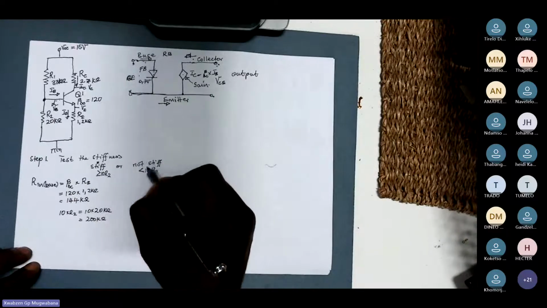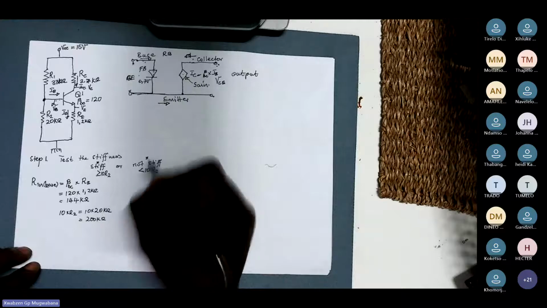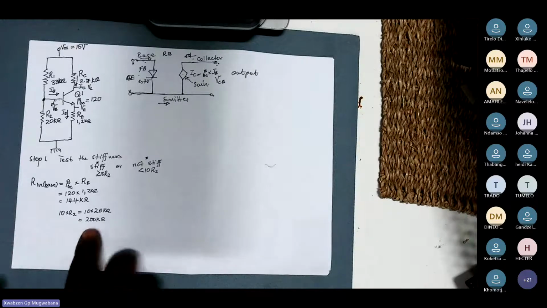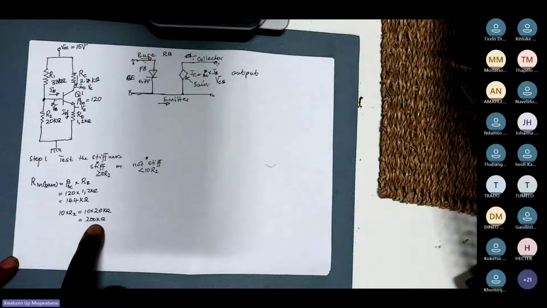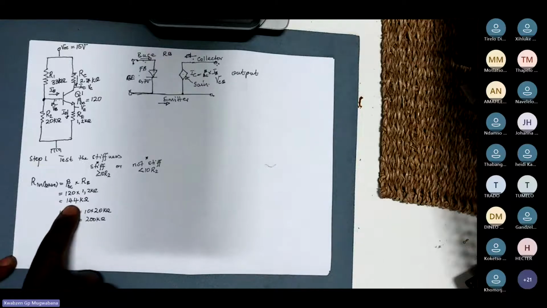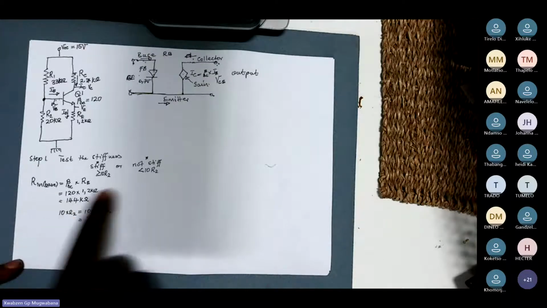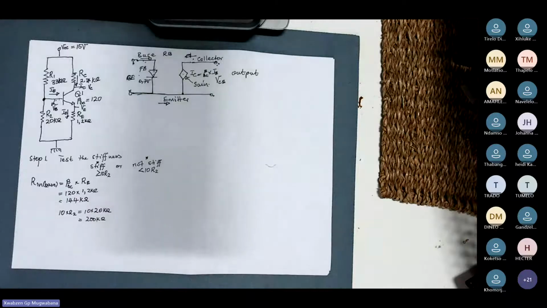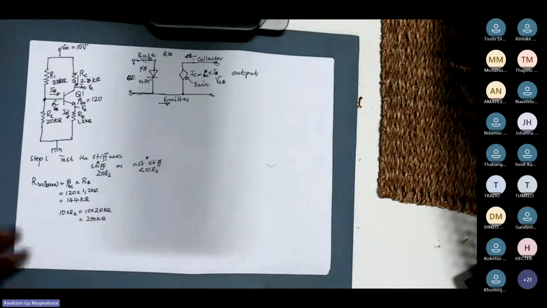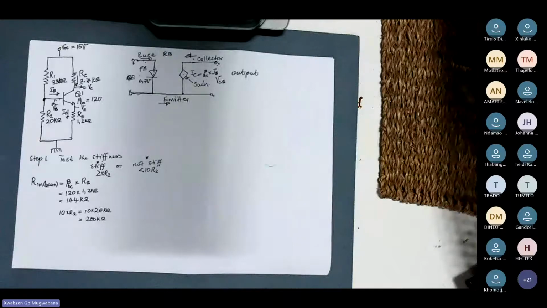On the other side, 200 kilo ohms is greater than 144, which means your R in base is less than 200 kilo ohms, so your transistor is not stiff.